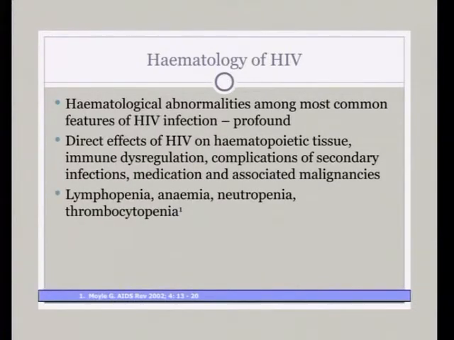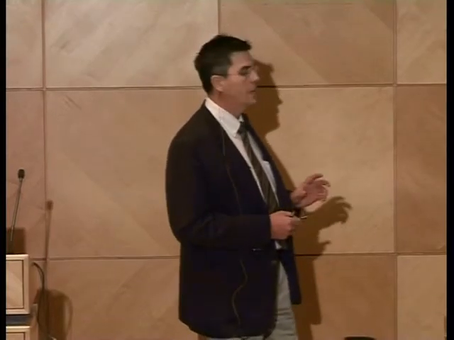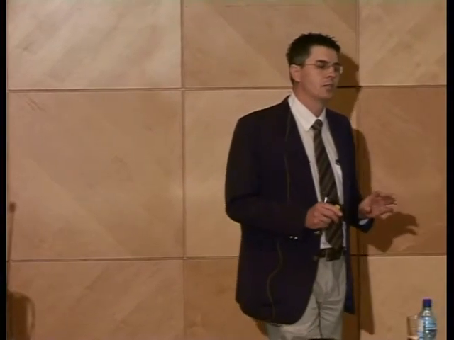We know that cytopenias are very frequent, and we know that these people have a predisposition to both arterial and venous thrombosis. I'm not going to say anything about malignancies; the malignancies associated with HIV are beyond the scope of this discussion tonight, and I think that deserves a separate session.